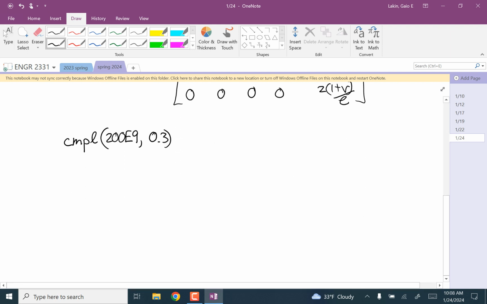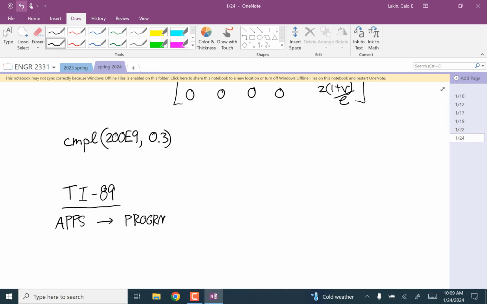Okay, so now let's go TI-89. So for this one, go to Apps, Program Editor, New, and now you get this dialog box.